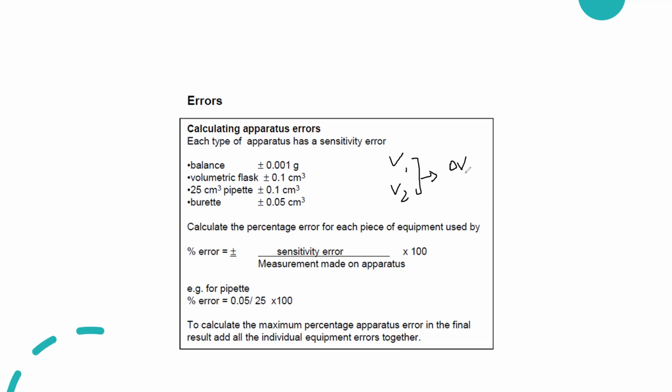This creates an uncertainty of 0.05 in the reading, and this will also create an uncertainty. So total uncertainty will be 0.05 multiplied by 2, divided by the value recorded, multiplied by 100.